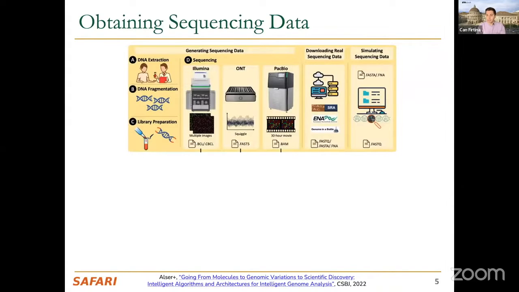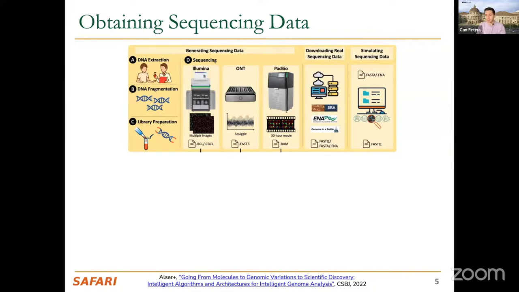So let's start. Let's see how we take the set of DNAs in their biological form, as molecules, which is not in a digital data form or a human readable form, right?